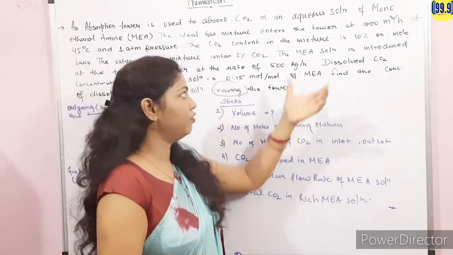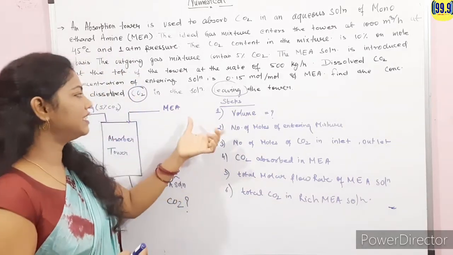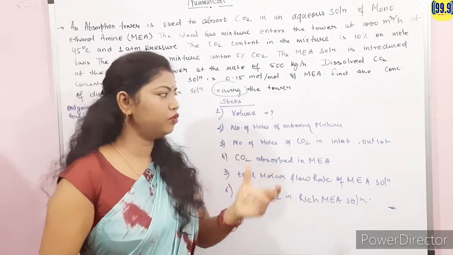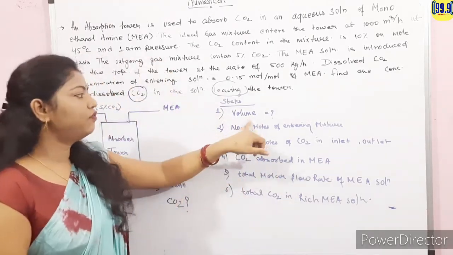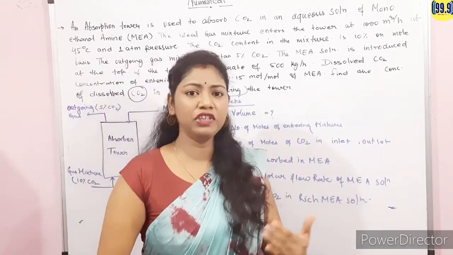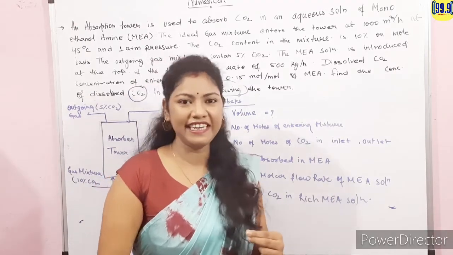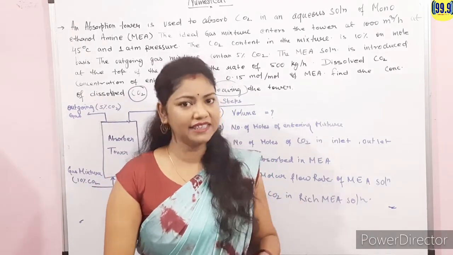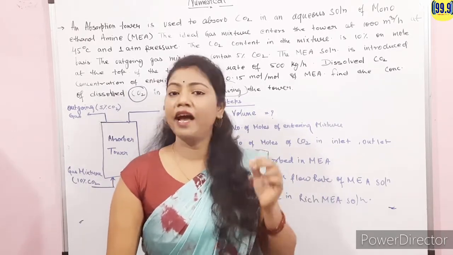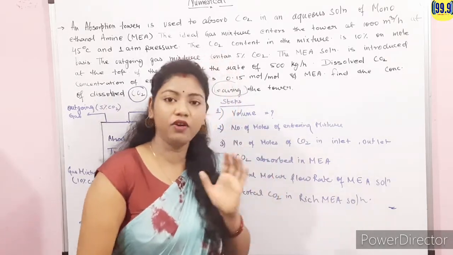First we have to find out the volume, which is used to calculate the number of moles of the entering mixture. We find the volume with the help of Charles law. So what is Charles law? Charles law is basically that for a given mass of ideal gas, the volume of the gas is directly proportional to the absolute temperature at constant pressure.